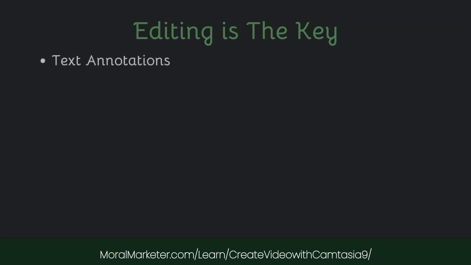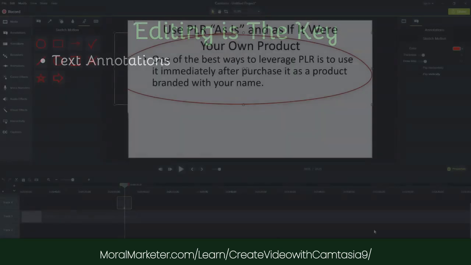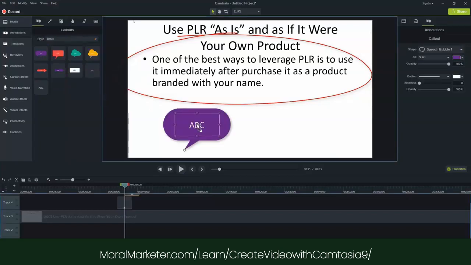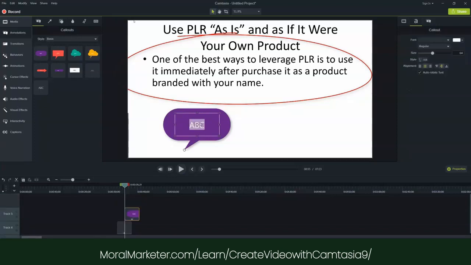Well, one of the things we can do inside of Camtasia is add annotations of text. What does that mean? It means we can take an existing video and add annotations of text. So we can add in something like this, and this will appear in the final video. We can write in anything that we want. Buy now, right?